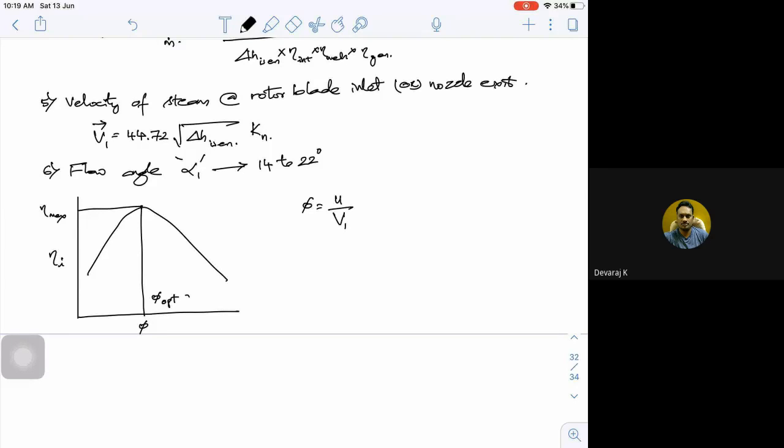For that particular flow angle, for that velocity, I'll do this for different speeds and different conditions. If I run the turbine at 4500 RPM, this is the optimum I'm going to get. If I run the turbine at 3600 RPM, then I can tell. If this is the power I need to develop, there should be a range of speed in which this turbine can work.